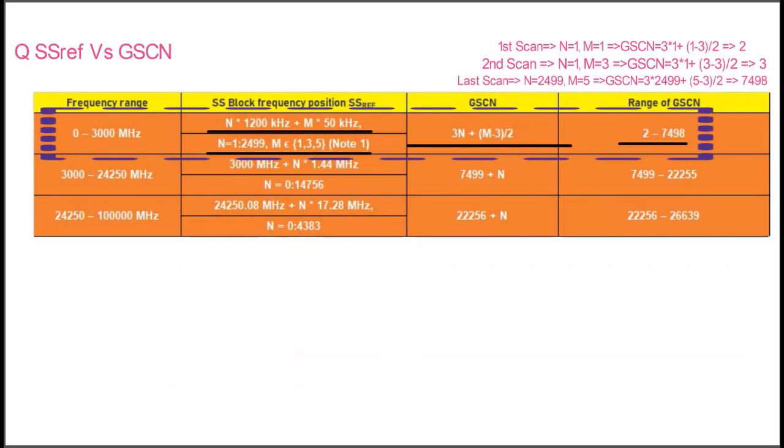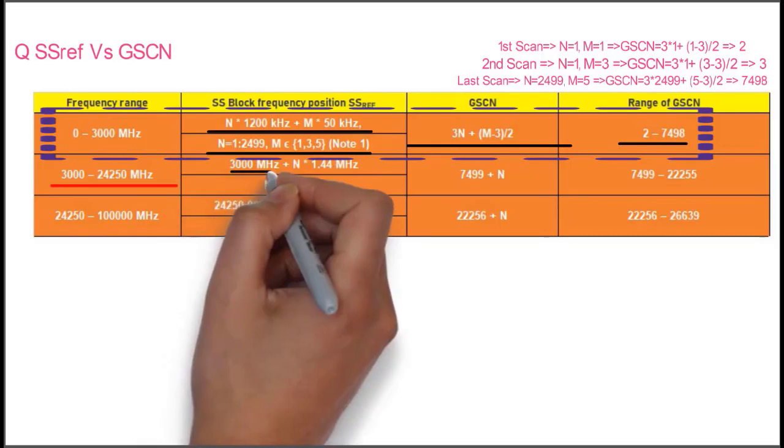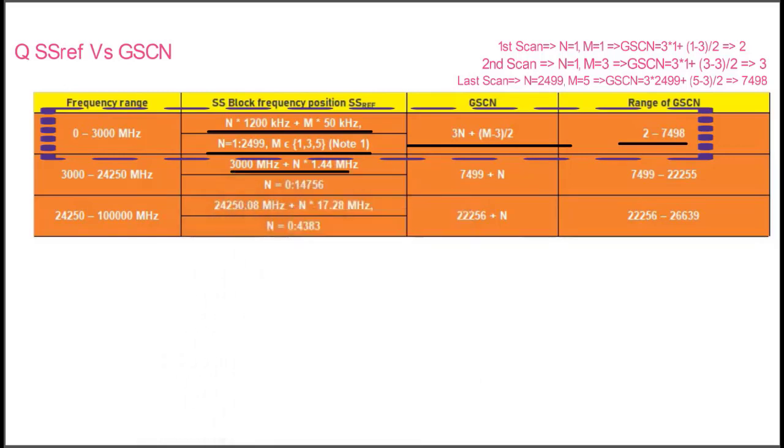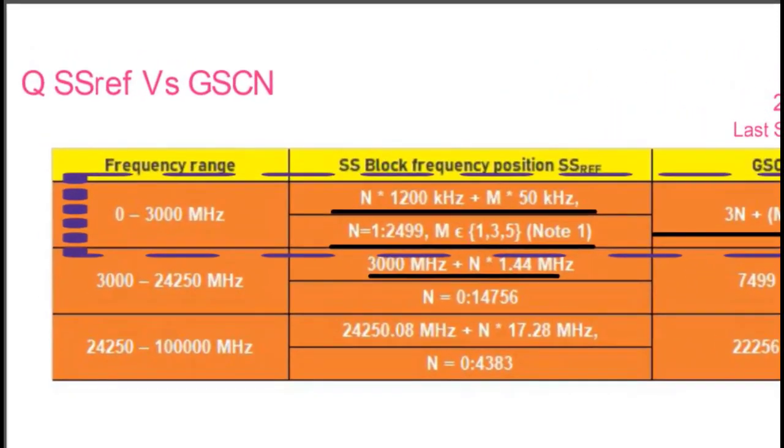In the same way, we can calculate the SS block frequency position for the frequency range 3000 to 24250. In this range, the synchronization raster size is 1.44 megahertz, so on every 1.44 megahertz step you will try to find the SSB position.